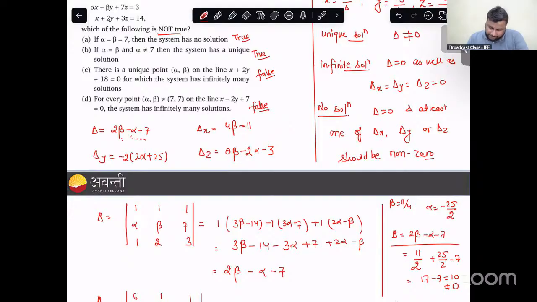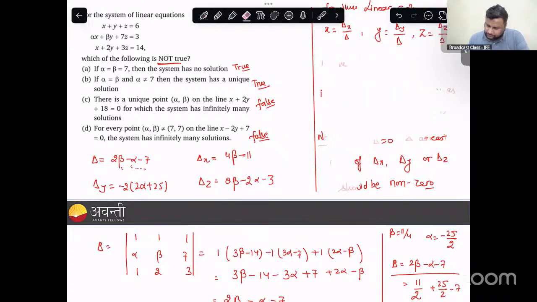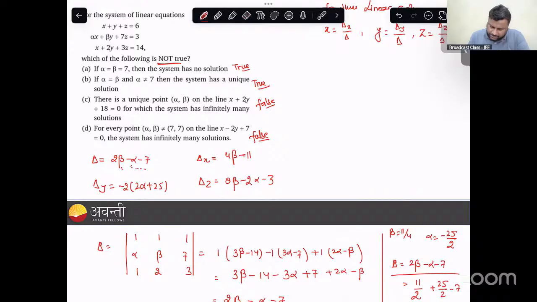Let's do one thing. If I take a point, x plus 2y plus 18 equals 0. So that can be written as, since alpha beta satisfies this, alpha plus 2 beta plus 18 equals 0, and 2 beta minus alpha minus 7 equals 0.